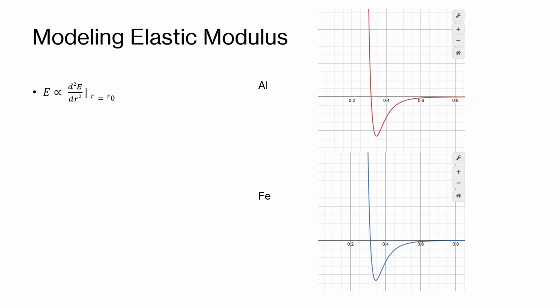When we look at these graphs, the material with the steeper slope will be stiffer, and the material with the shallower slope will deform more easily. So in this case, you can see that right down here, iron has the steeper slope and aluminum has the shallower slope.